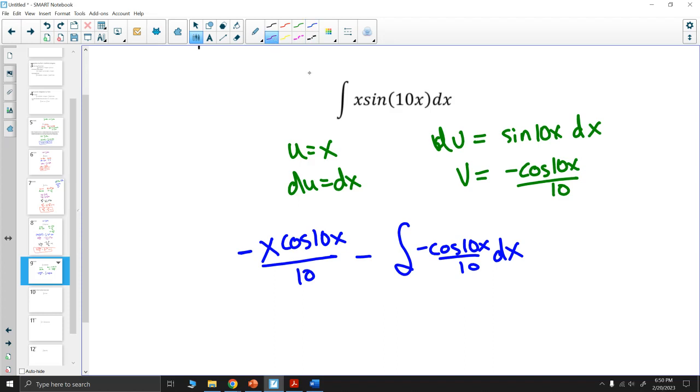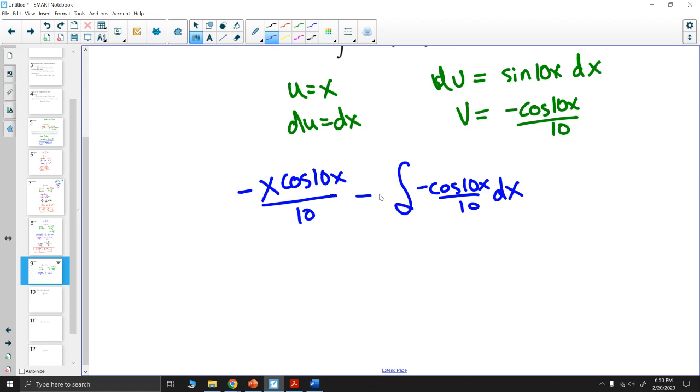Okay, so the integral of cosine is sine. The negatives, I'll add them together here. So we have negative x cosine of 10x over 10 plus, again, cosine is then sine of 10x over 10, over 10.